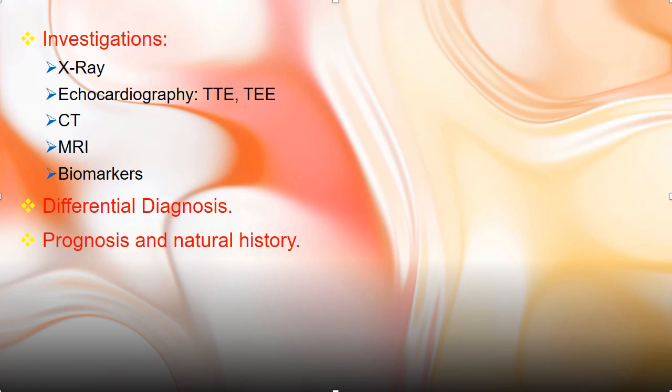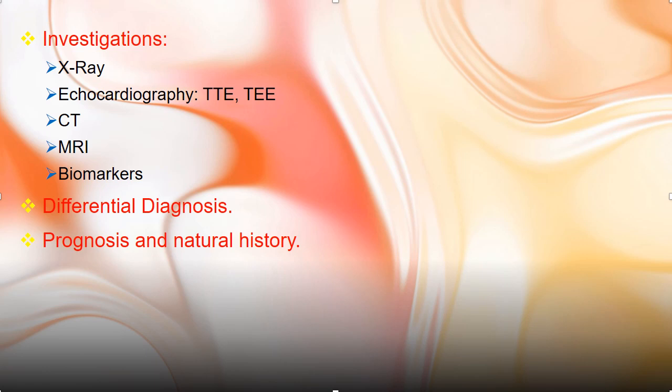On chest X-ray, we can find some dilatation at the hilum, suspecting aortic aneurysm. But the definite diagnosis, in addition to echo, is the CT and the MRI.